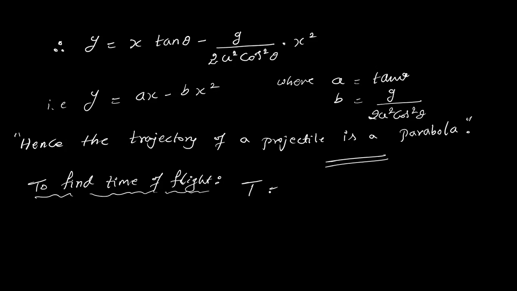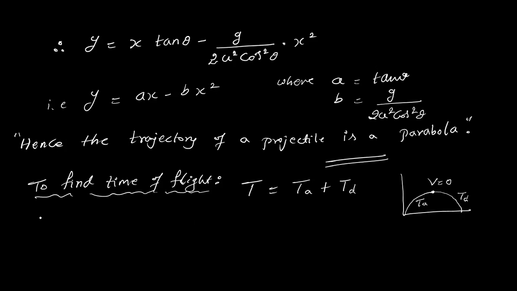Time of flight is nothing but the time of ascent plus the time of descent. So this is the time of flight. So let's see for time of ascent only, to reach the maximum point. So here at the maximum point, v becomes 0. So this is the time taken, that is the time of ascent. Again, from maximum to reach the ground, this is called the time of descent.